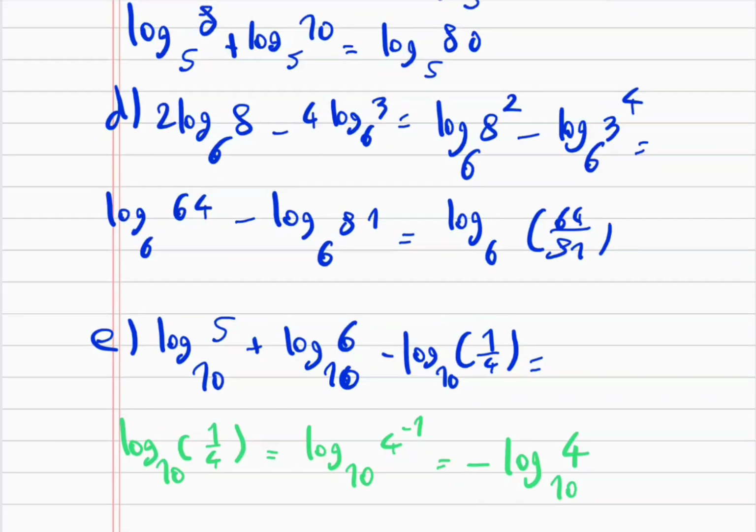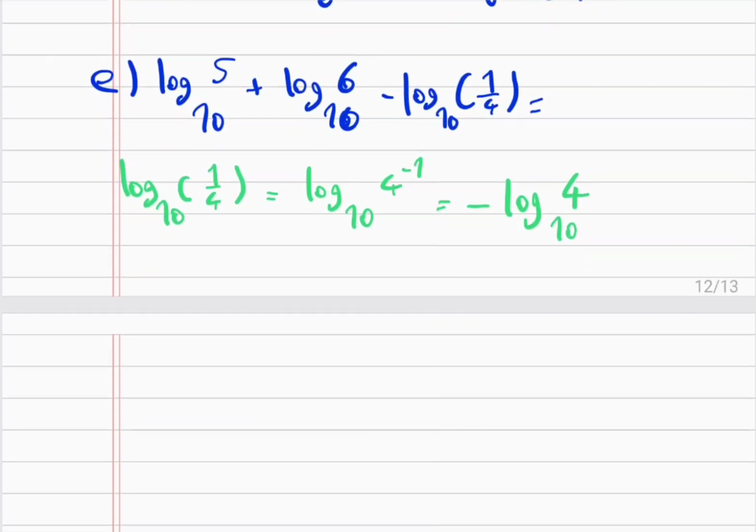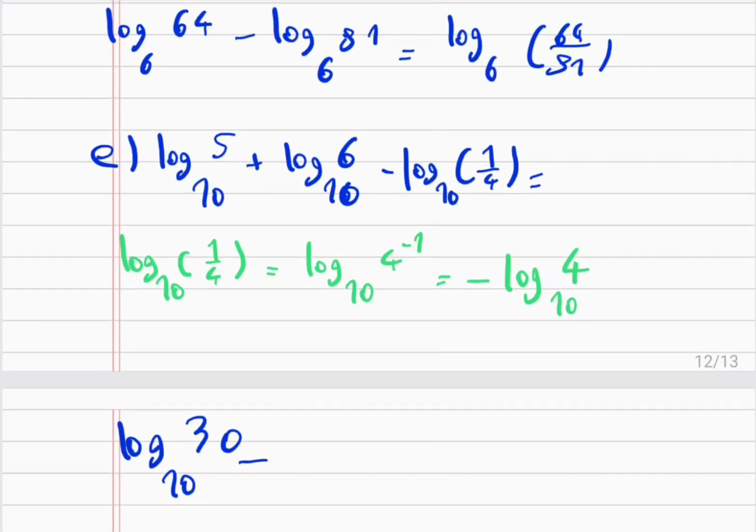So now that we have done this, let's go back to the question. We can first add the first two logs, and using the multiplication law, 5 times 6 is 30, minus, and here we should be careful, because we have this minus, which is the minus of subtraction, and then when we simplified log base 10 of 1 over 4, we also got minus log base 10 of 4.